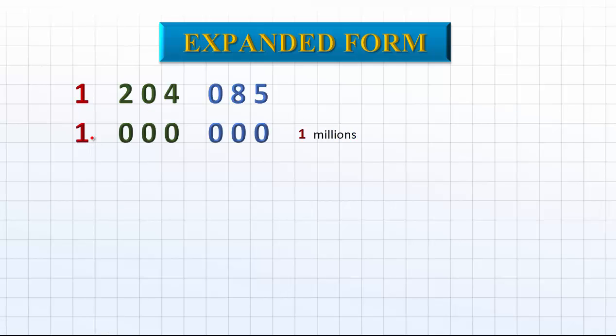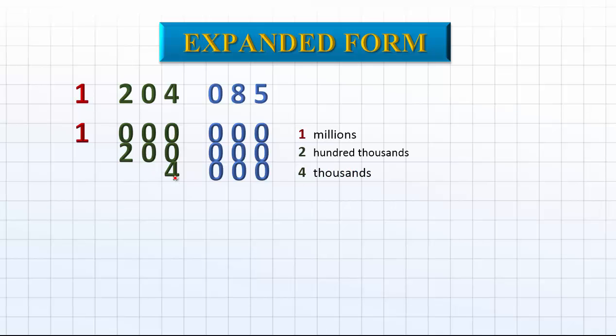Well, this number contains 1 million, so we have 1 on the millions place value, and also 200,000, so we have 2 on the 100,000s place value, and then 4,000, so we have 4 on the thousands place value, and 80, 8 on the tens place value, and finally 5 ones. So if we rewrite this number as a sum of those values, that's what the expanded form is.